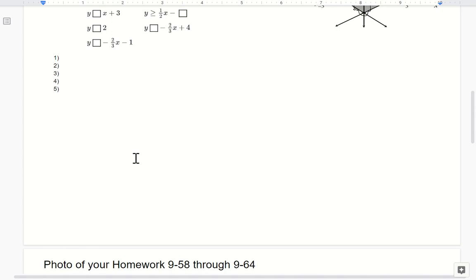I'm also starting some small groups. If you're interested in working in a small group, probably 5 students at the most, and you would like some additional help, or you've got questions you'd rather ask when not everyone's going to drop in, let me know by email and I'll set that up.